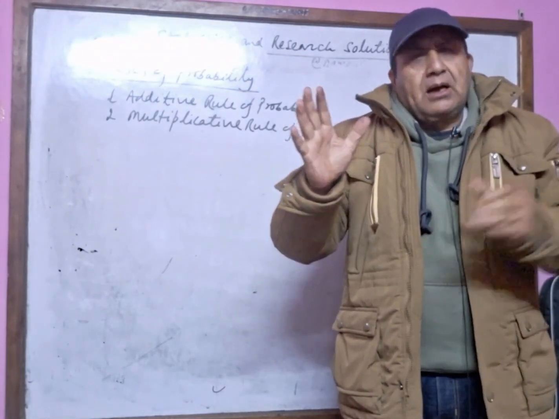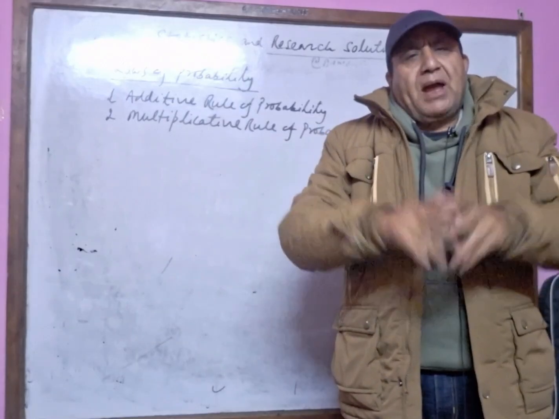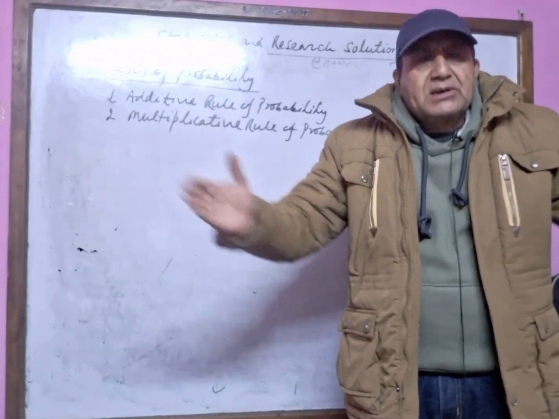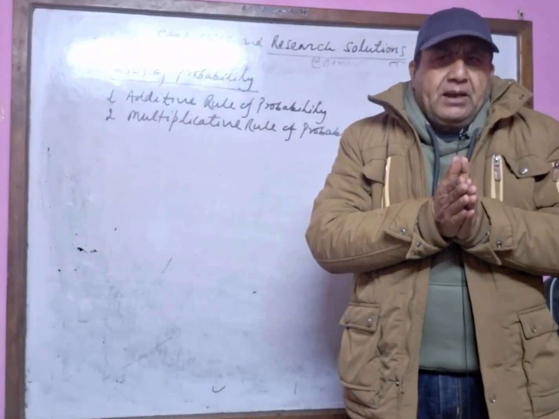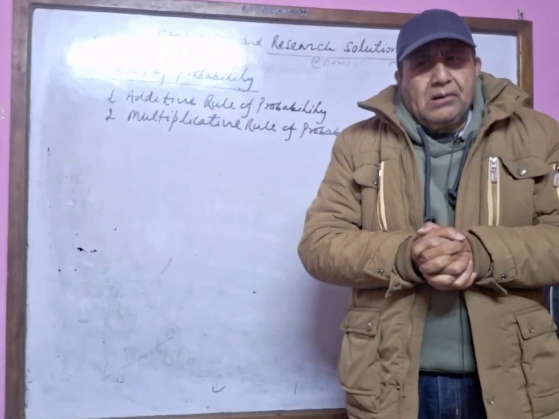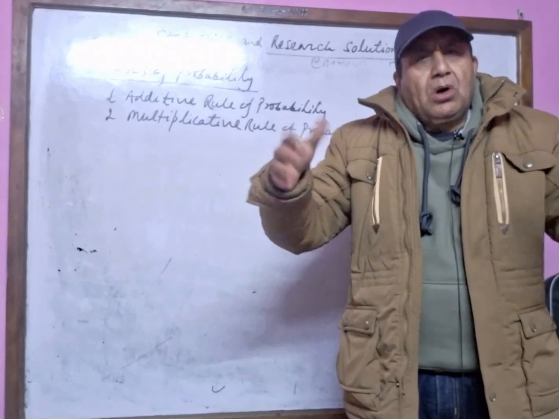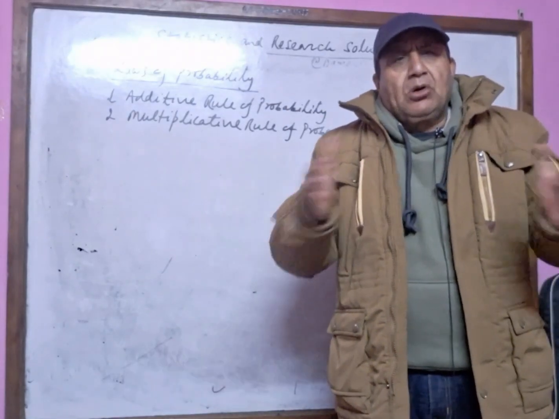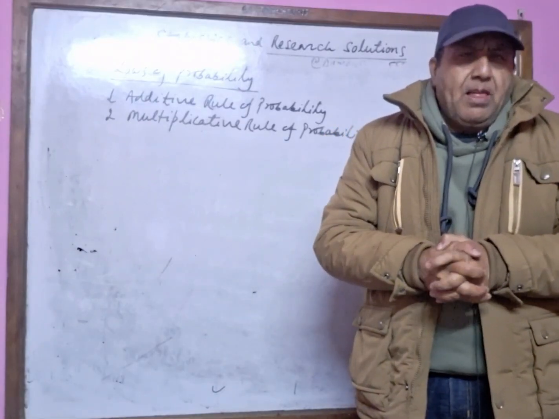We can find that out by applying the additive rule. So by the addition method, we can find out the probability of two or more events; that belongs to the additive rule.